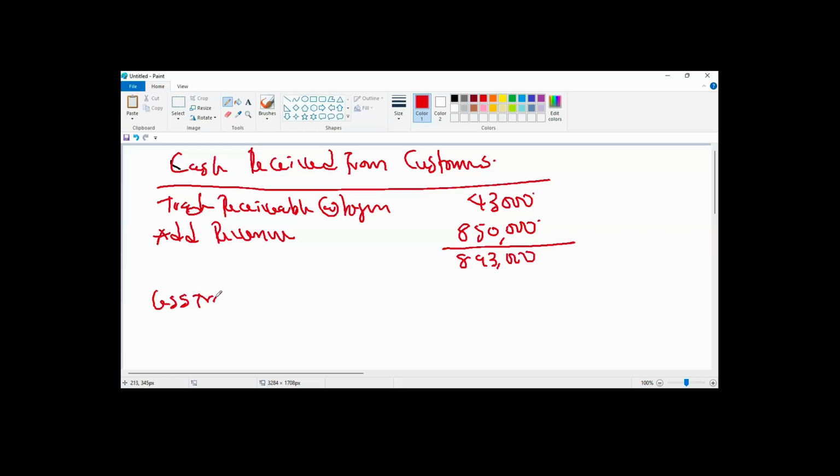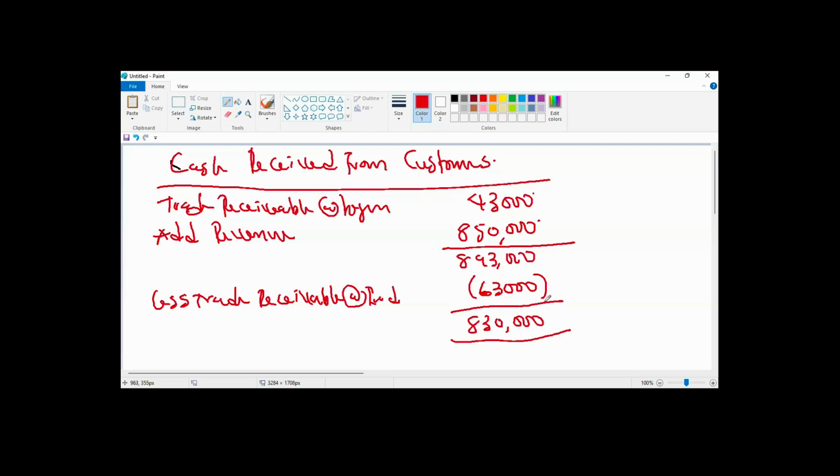Less trade receivable at the end, 63,000, gives 830,000.